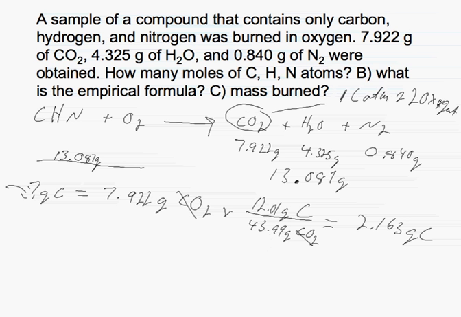Instead of using atoms and oxygen like moles, I'm using the molecular weight. So for every one CO2 molecule, I have 12 grams of carbon, and for every one molecule of CO2, I have 32 grams of oxygen. So I'm using that ratio in order to get how much carbon I would have in the problem.